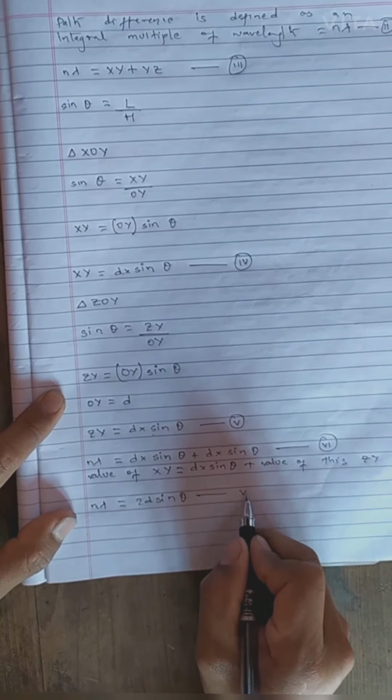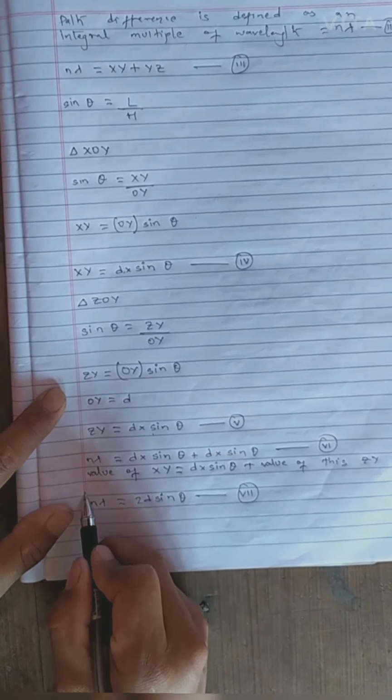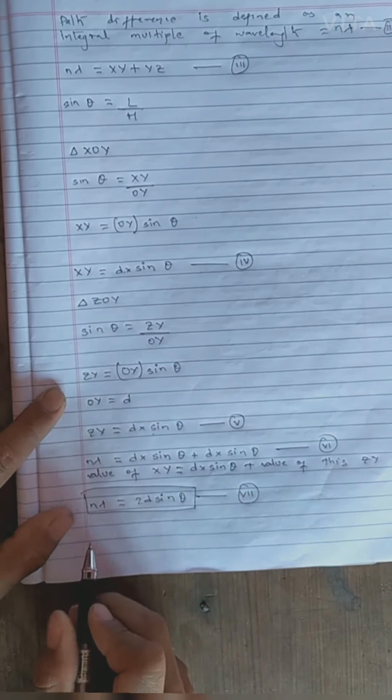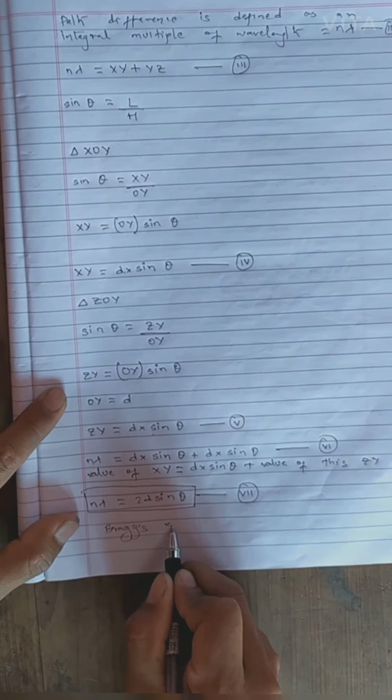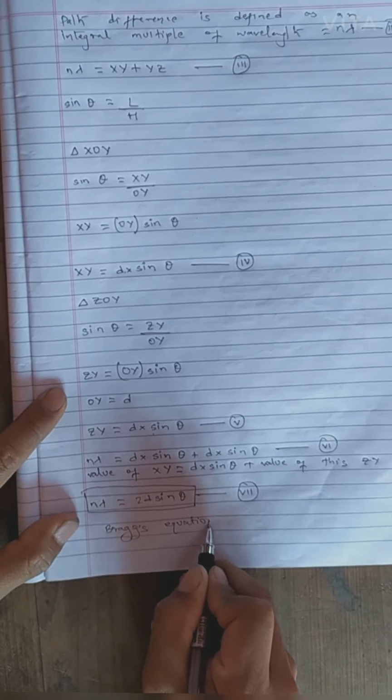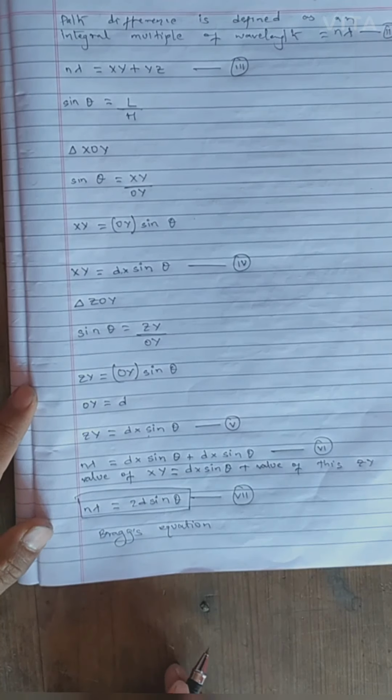So this is our equation number 7, and this equation is known as Bragg's equation.